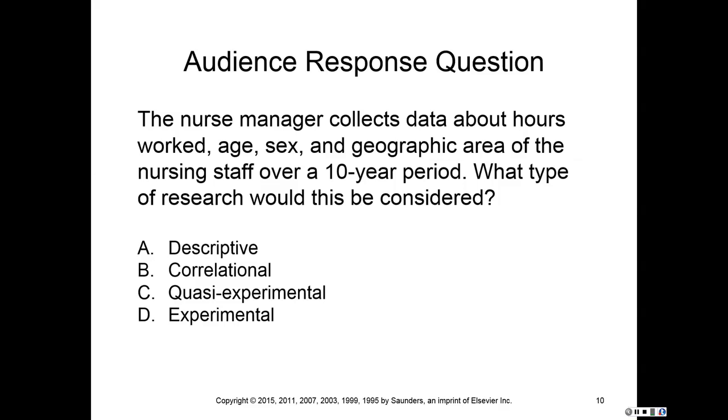So think about it for a minute. Really, this is an example of a descriptive study, looking at something in the real world, but there's no attempt to have an intervention or treatment. There's no random assignment. It's just what is out there.